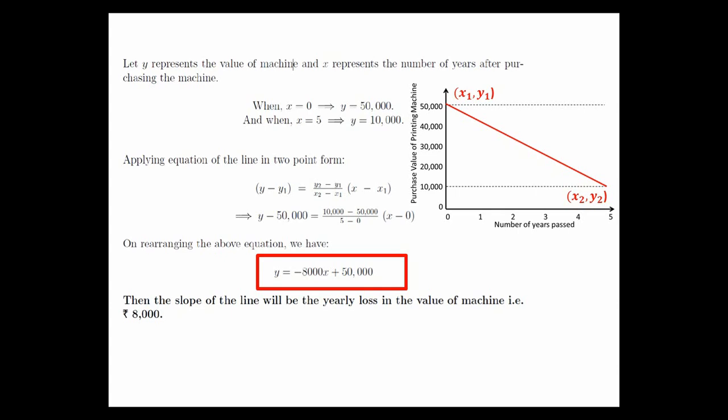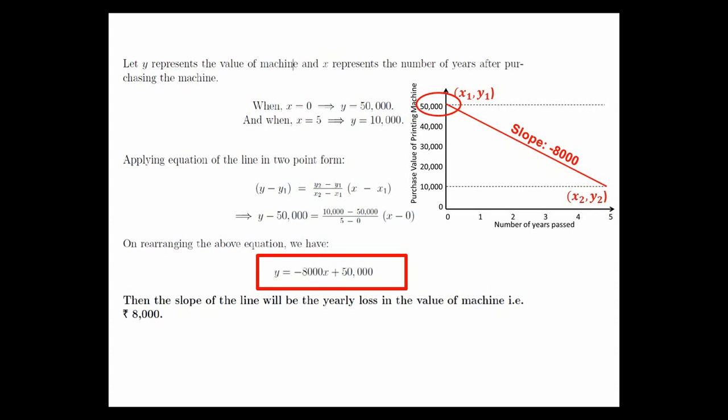So this is the equation of a straight line with the slope being minus 8000 and the y-intercept being 50,000. As the slope determines the rate of change of the reduction in the value of the machine, this will be the yearly loss.